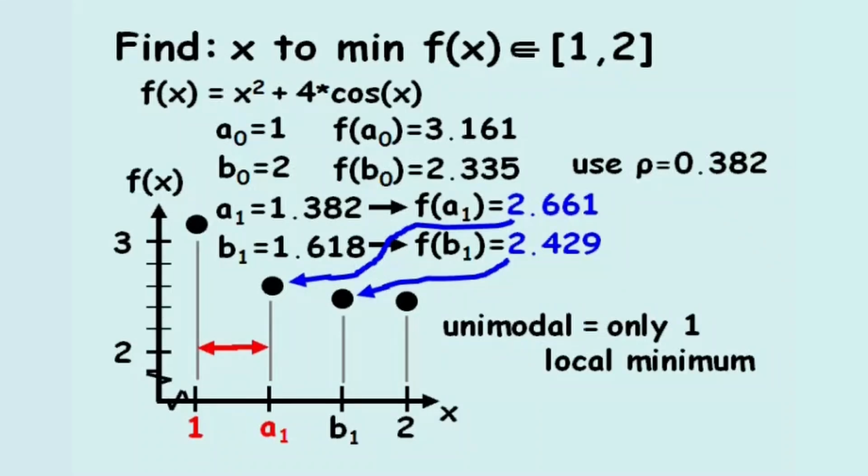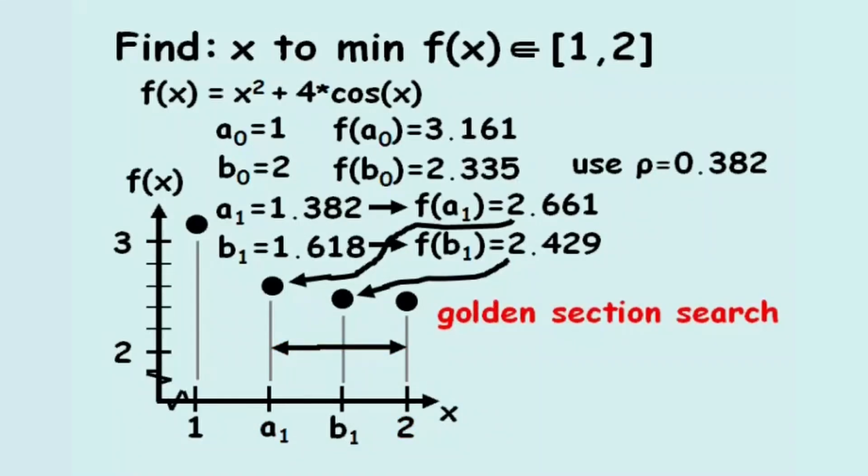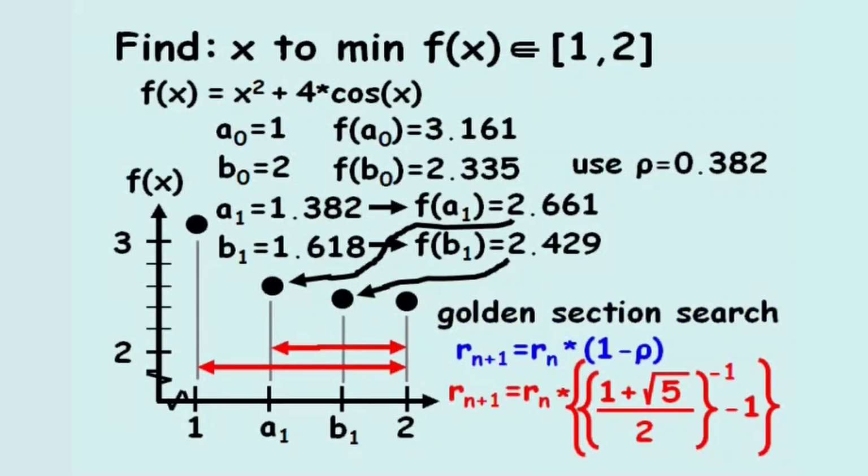The minimum must be between 1.382 and 2. We have just completed one iteration of the golden section search algorithm, which reduced our range of possible values of x by a factor of 1 minus rho, or by a factor of the golden ratio minus 1.